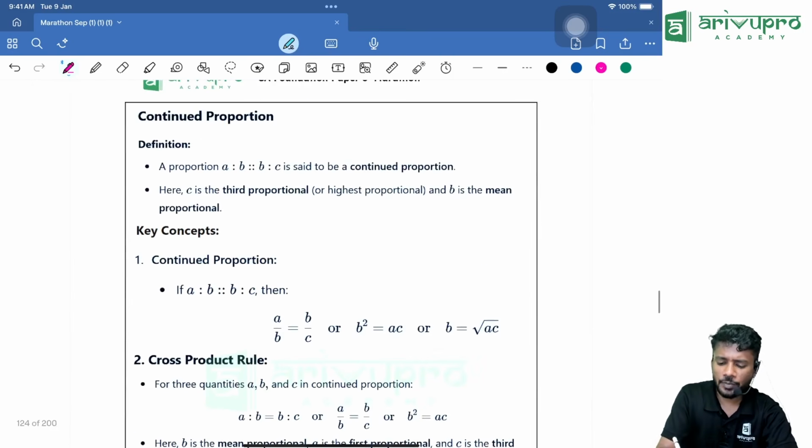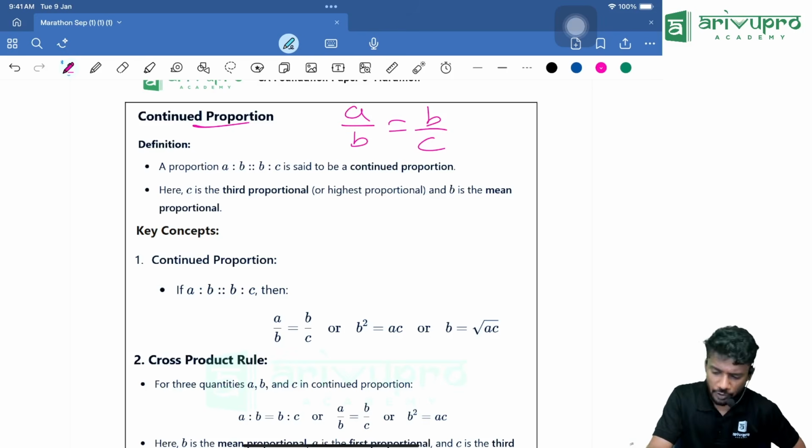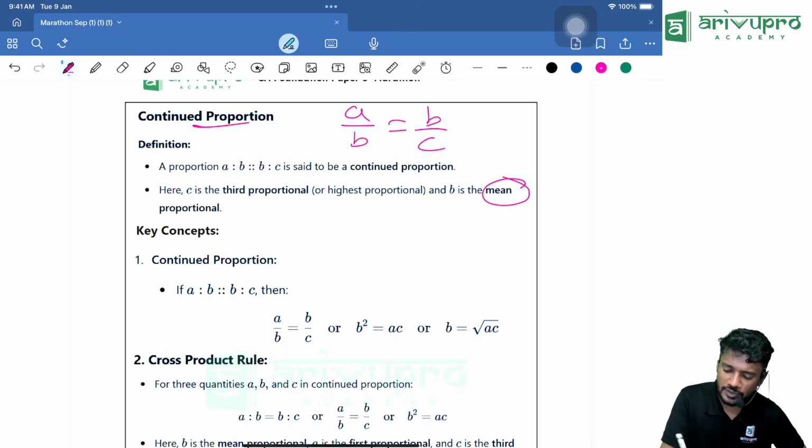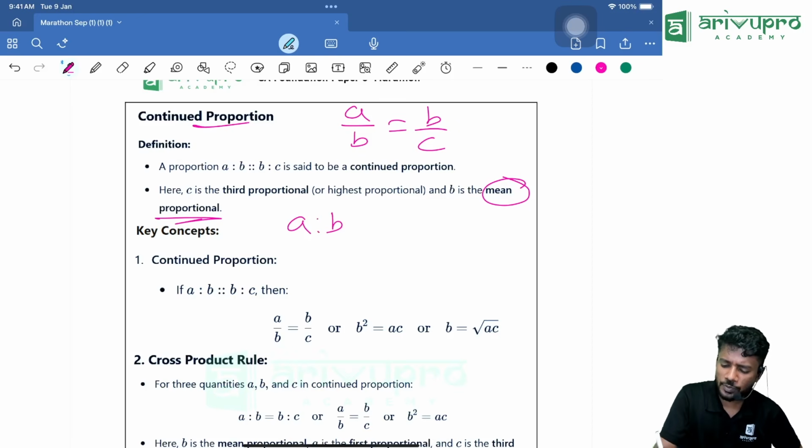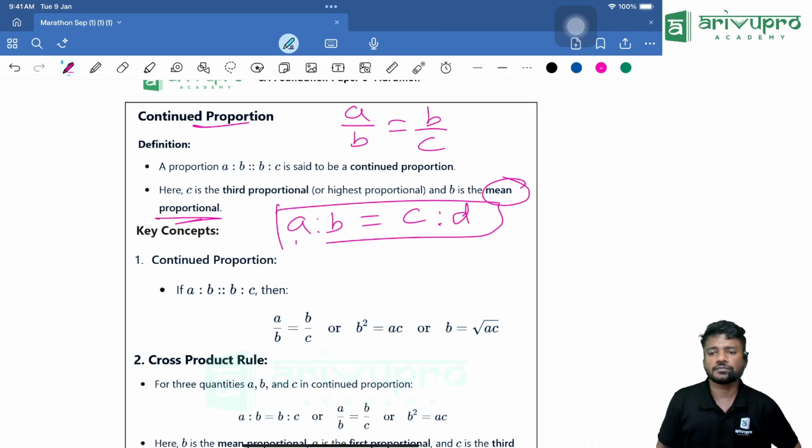What is a continued proportion? When A by B is equal to B by C, it is called continued proportion, and B is called the mean proportional. Now, when I say A is to B is equal to C is to D, A is the first proportional, B is the second proportional, C is the third proportional, and D is the fourth proportional.